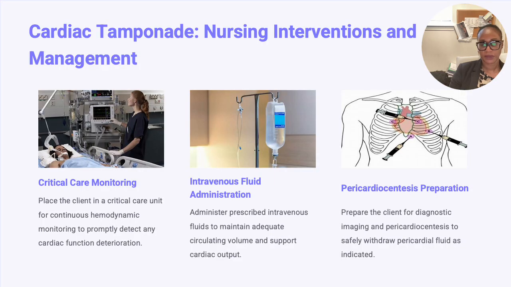On the third image to the right, you see the pericardiocentesis preparation, where they put the needle in to withdraw excess fluid buildup around the pericardium.